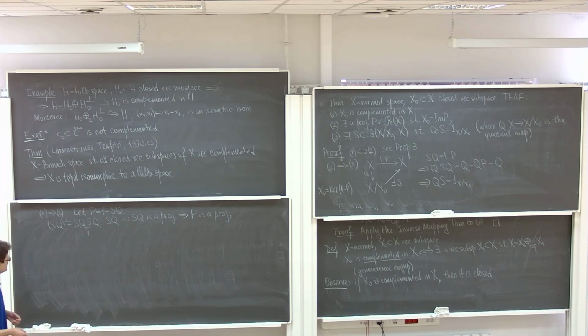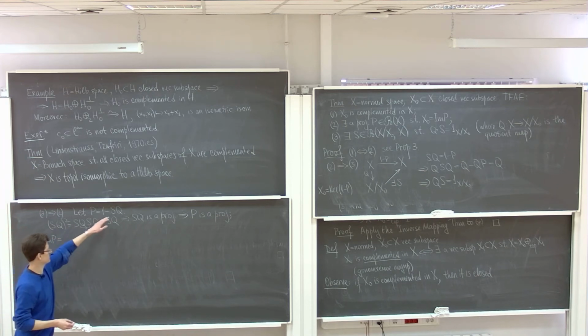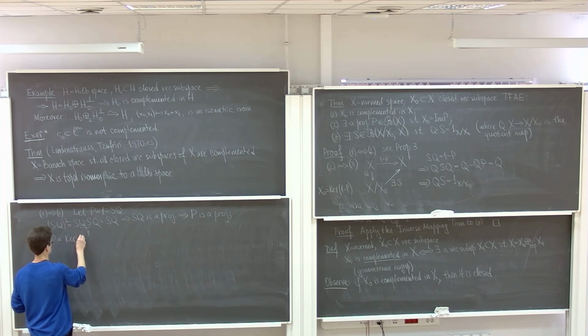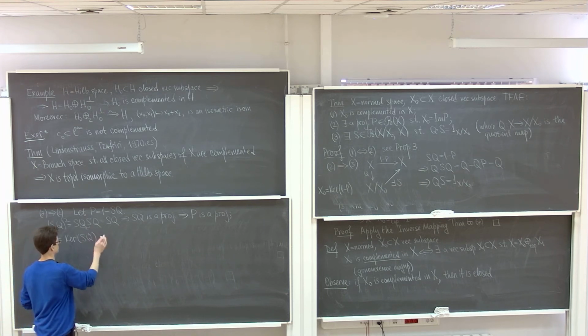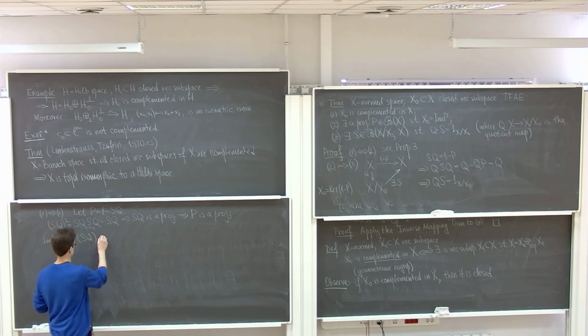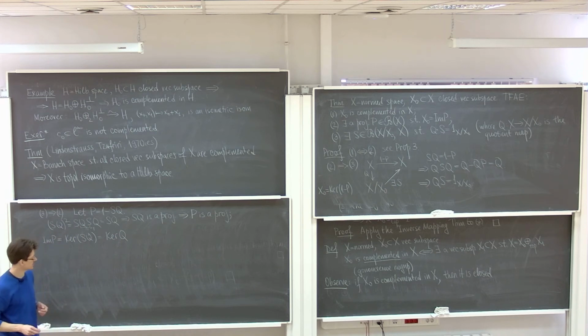Now the image of P, what is the image of P? The image of P is the kernel of SQ. But the kernel of SQ is actually the kernel of Q, because S is injective.